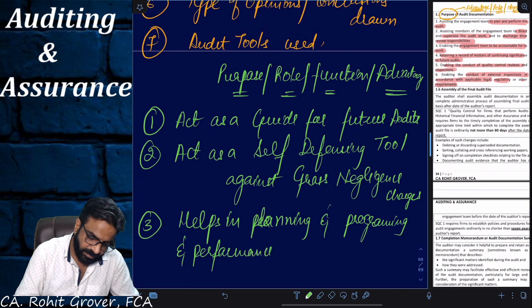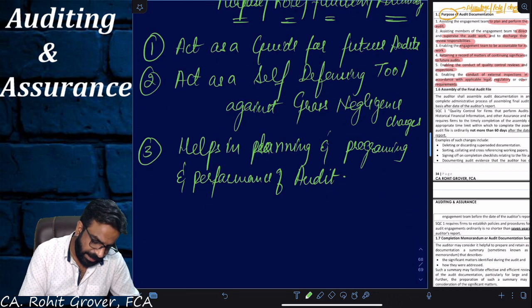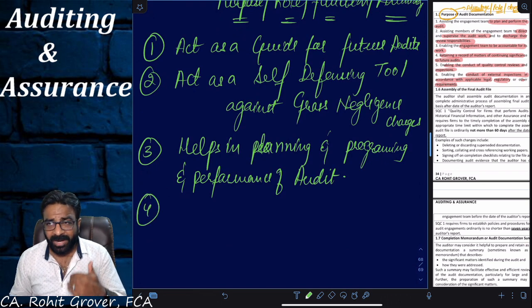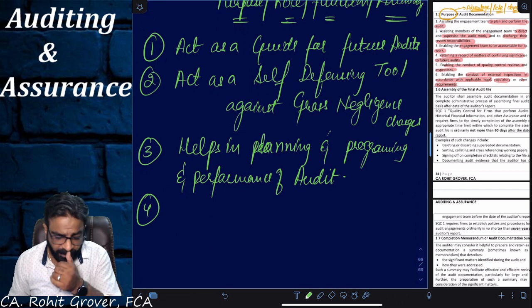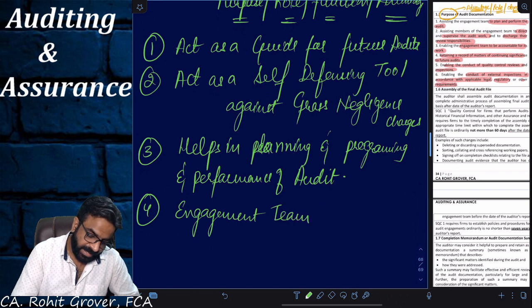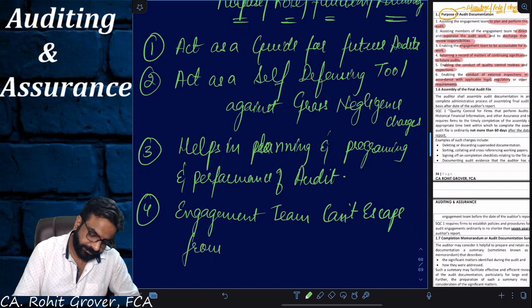Do you agree with me or not? Does it help in making your engagement team more accountable or not? Yes, sir. Yes, the engagement team cannot escape from their accountability or responsibility.